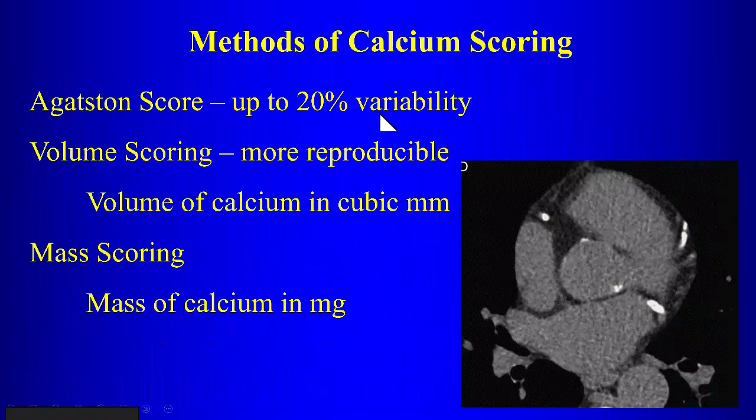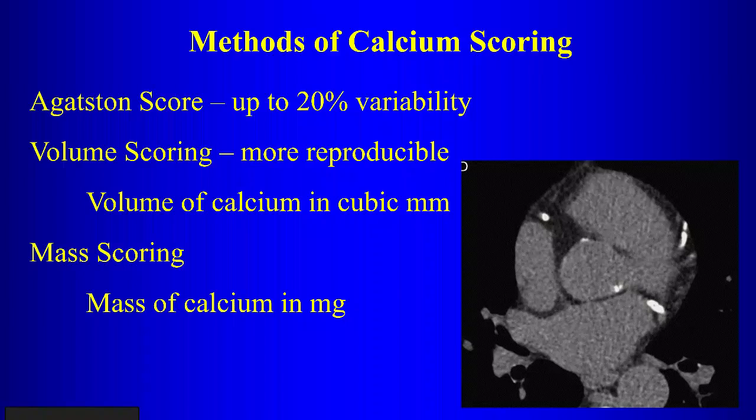So problems with the Agatston scoring system, there's up to 20% variability. You can scan the patient twice in a row, but it's a weighted scoring system. There's just a little bit of misregistration between the two scans, partial volume averaging, up to 20% variability, same patient. Okay?